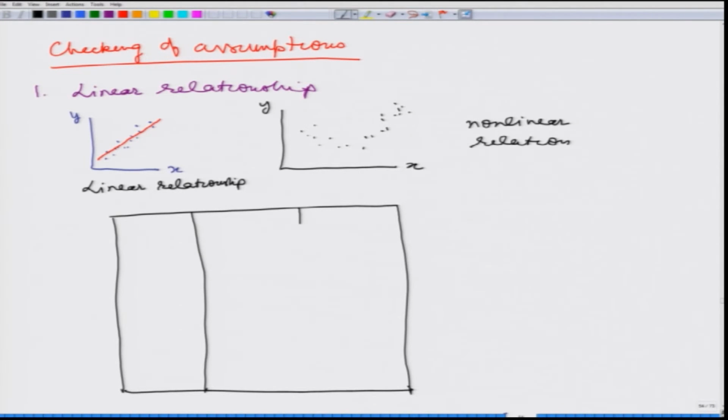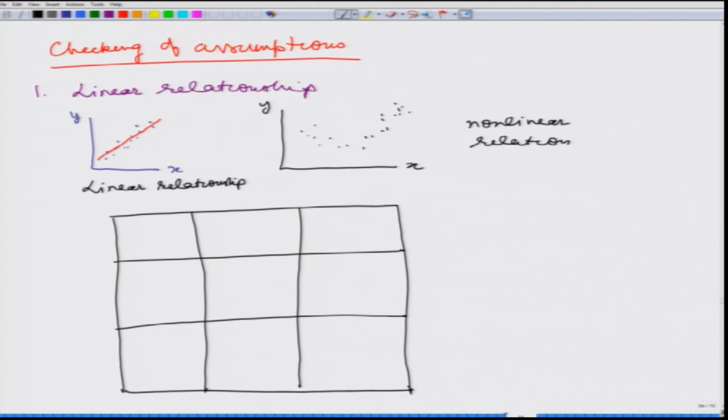In the multiple scatter diagram, it gives us a scatter diagram among all the variables. For example, here I take y, x1, x2, and here y, x1, x2, so that I am considering a model like y is equal to beta 0 plus beta 1 x1 plus beta 2 x2 plus epsilon.